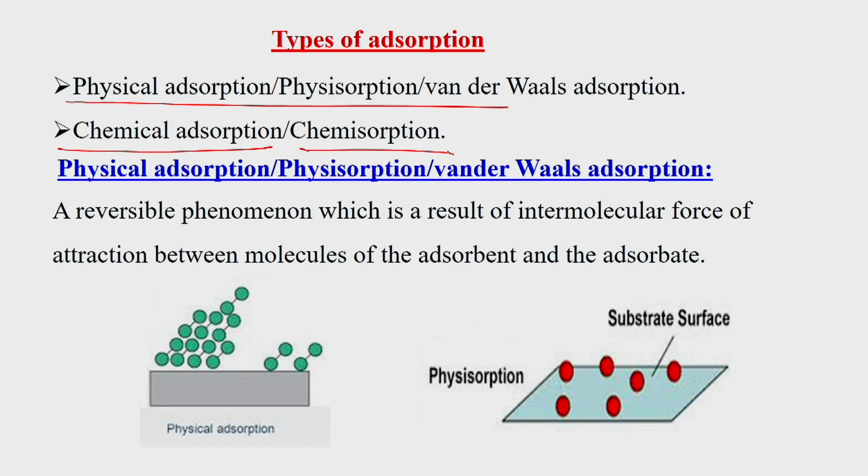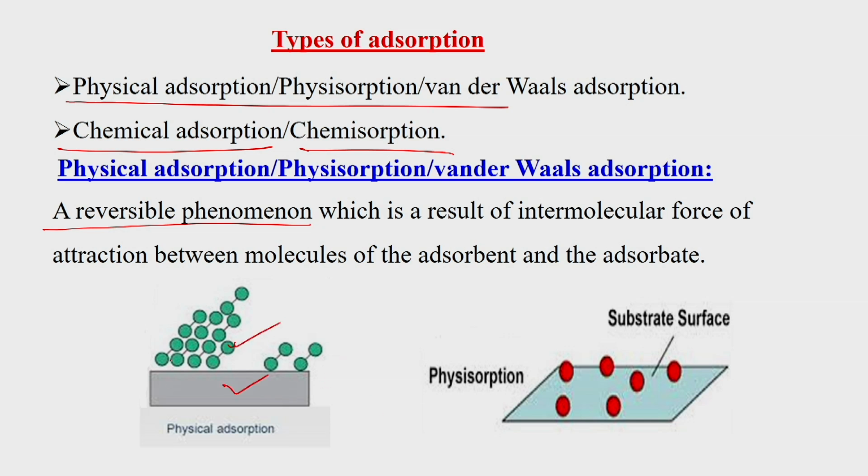Now, we need to understand the process of physical adsorption or physisorption. It is a reversible phenomenon which is a result of intermolecular force of attraction between the molecules of the adsorbent and the adsorbate.